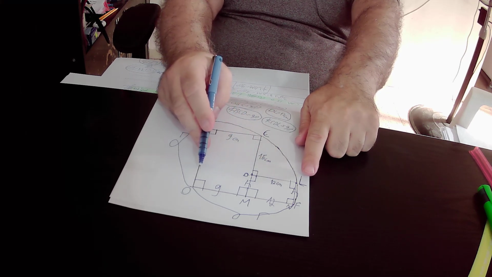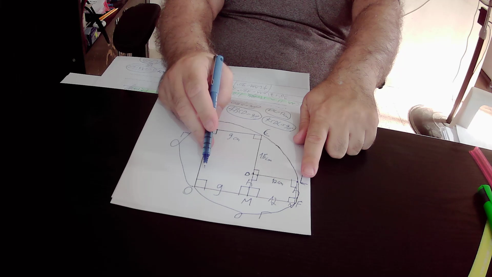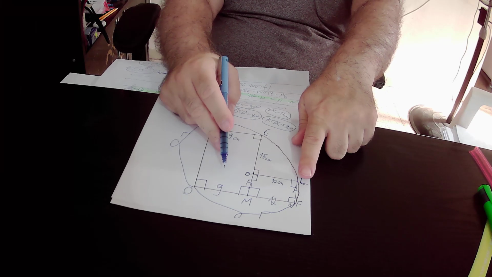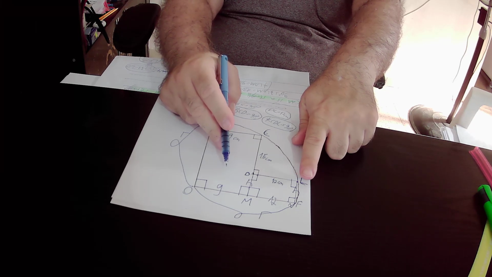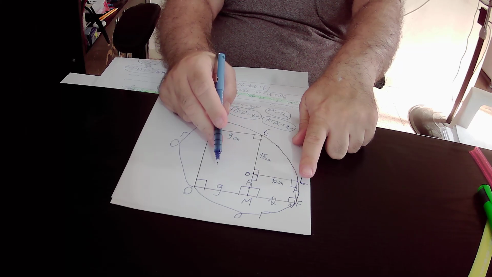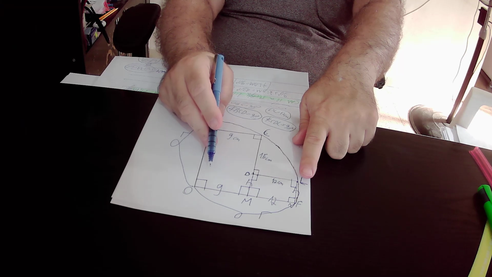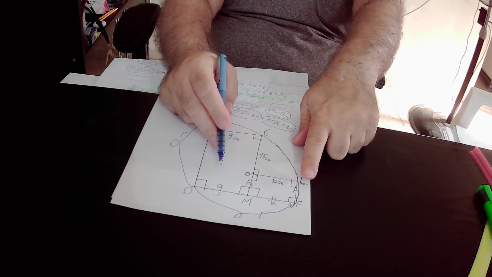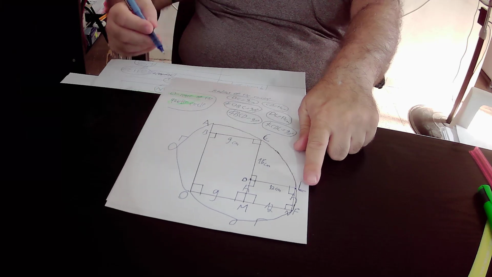Because point F is very close to point N, we expect that the radius of the quarter circle will be a little bit longer than 21 units, because ON equals 21 units. Okay?